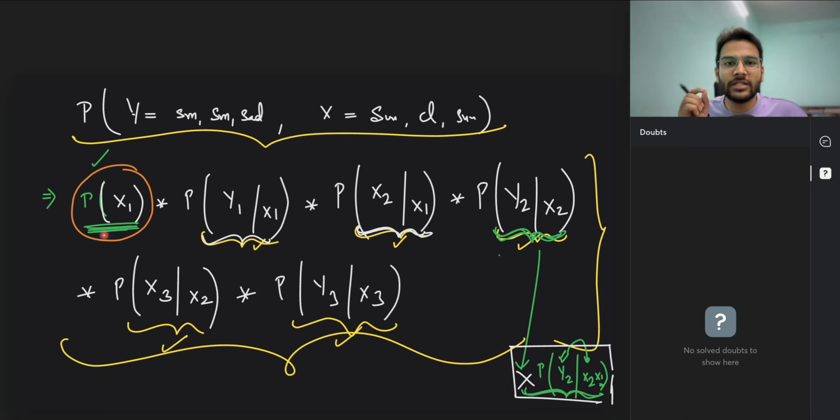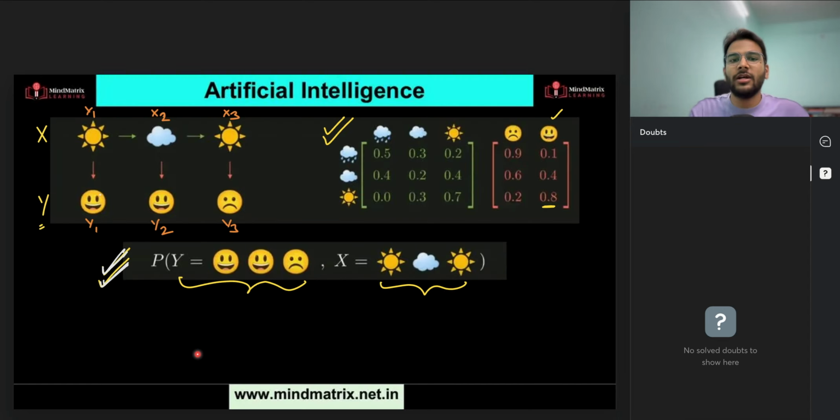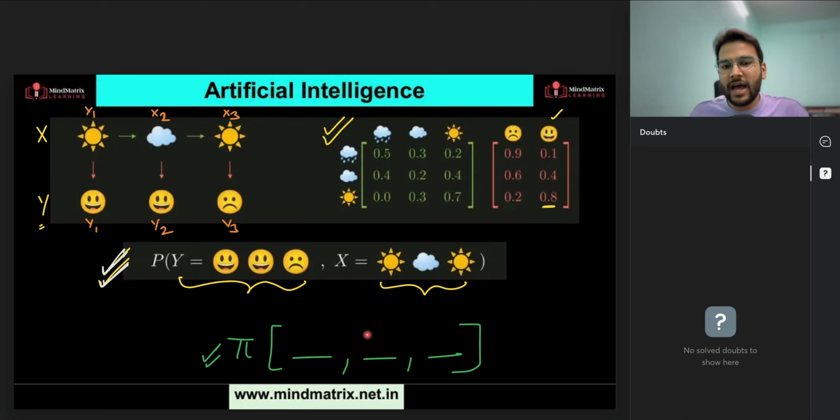Once we get the stationary distribution, it is going to be a row vector which is going to have 3 values, right? This probability will be representing raining, this will be representing cloudy, and this will be representing sunny. So this is what we need.